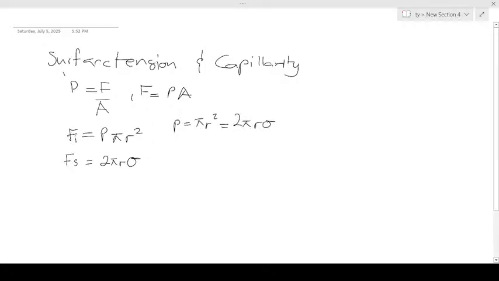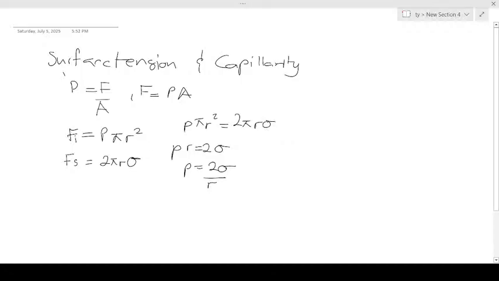So now with a change of subject, we have P is equal to 2 times the surface tension on r.